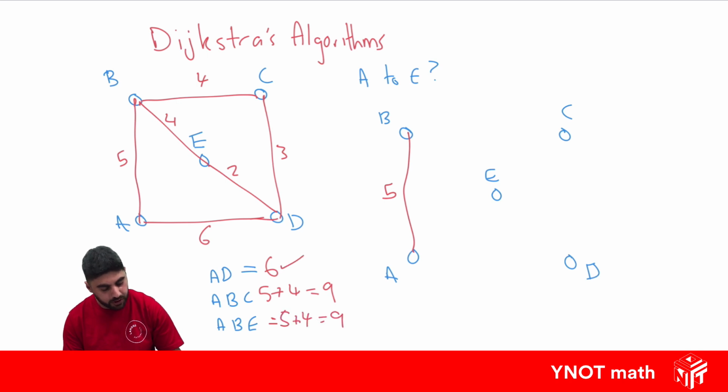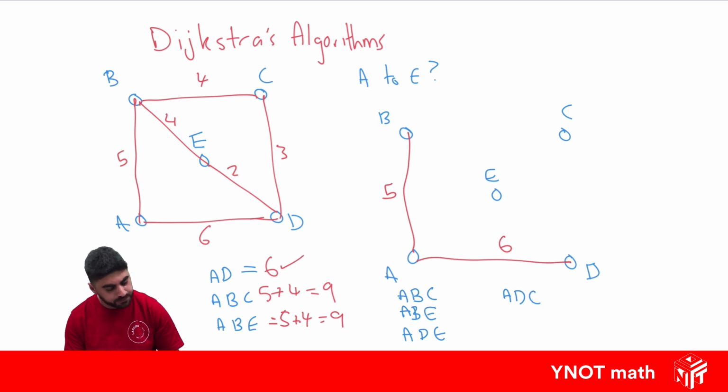So out of all those, the minimum one is A to D, which gives us 6, so that's the one we're going to draw in. And again, we need to add another vertex to the tree we've just formed by always considering the path from A. So now my options are going from A to B to C, A to B to E, A to D to E, or A to D to C. A to B to C is going to give us 9.